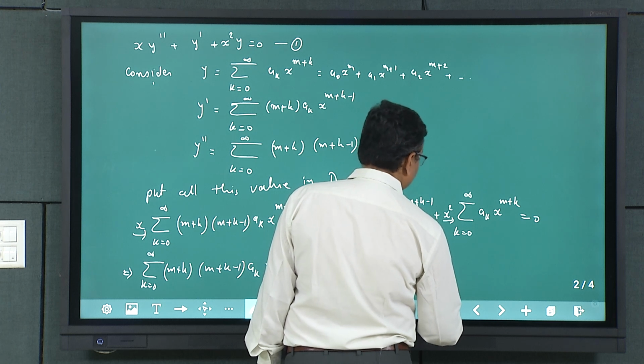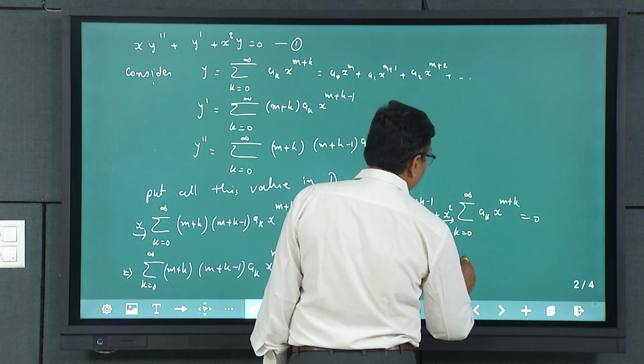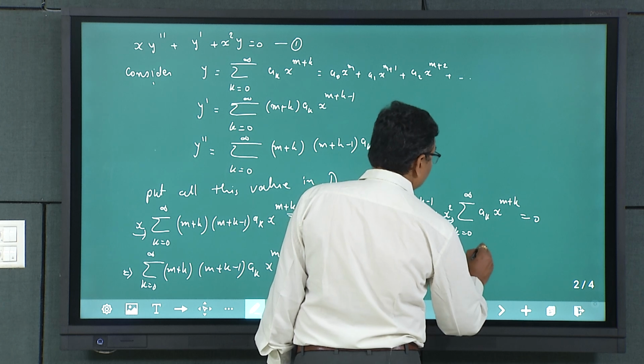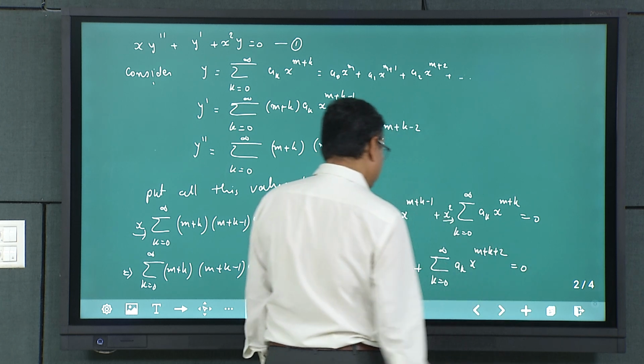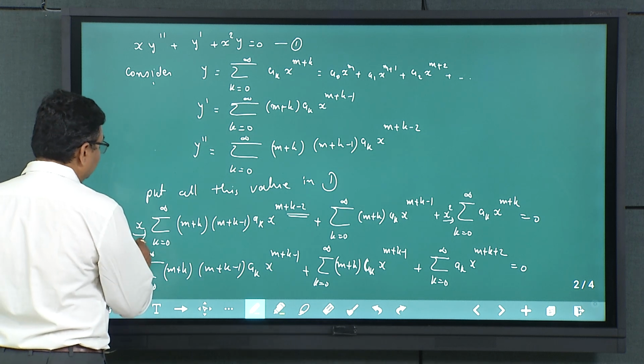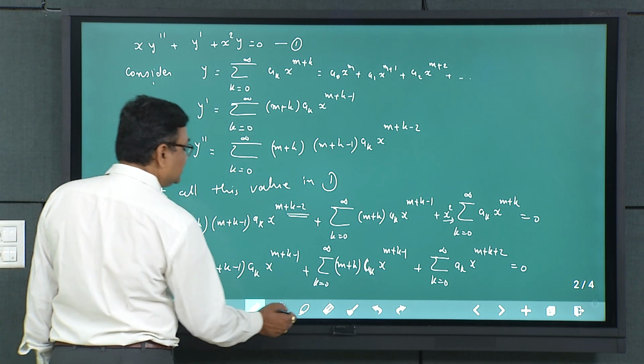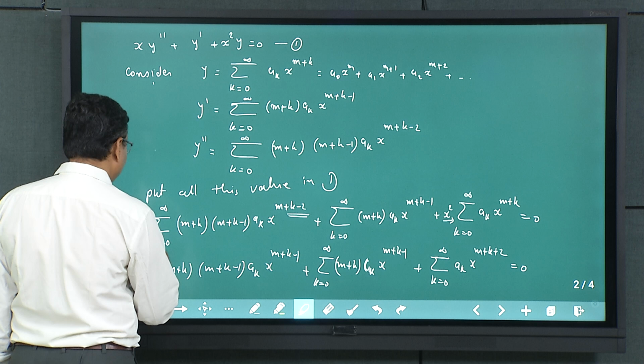Sigma k is equal to 0 to infinity ak x raised to m plus k plus 2. This is equal to 0. So this આ જે છે આપણું આઈડેન્ટિટી ઇક્વેશન થશે અને કોપી કરી લઈએ આપણે.